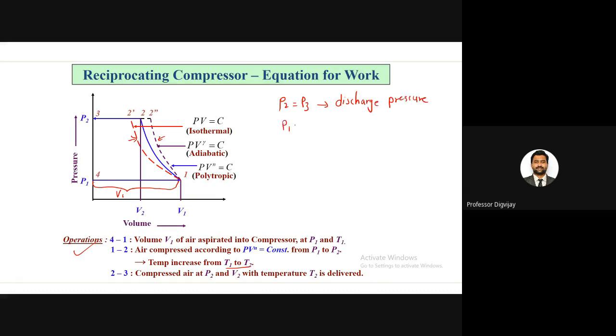Then we have P1, which is equal to P4; this is the suction pressure. Then we have the pressure ratio, small r, which is equal to P2 divided by P1.